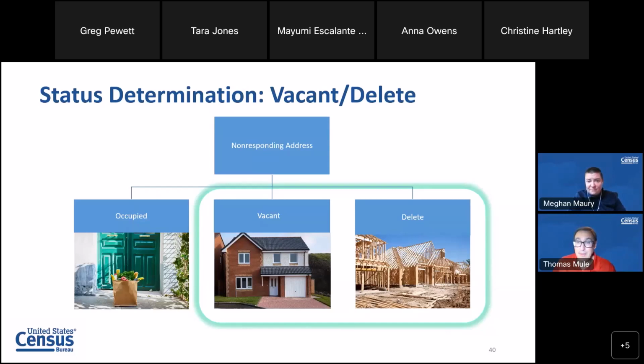If they weren't able to deliver it, the postal carriers were able to let us know that it was undeliverable as addressed. In addition, they were able to provide us the reasons why they could not deliver it. They were able to indicate that they could not deliver because the address was vacant, or there was no such number, or there was no such street.